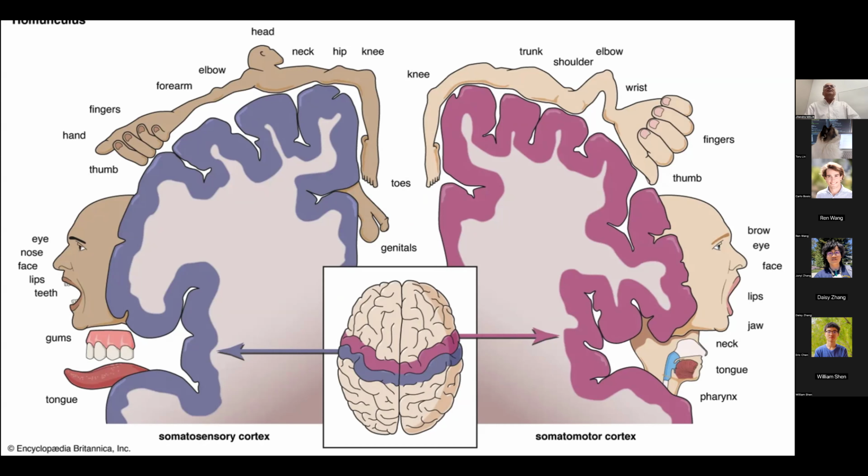You can also do cruel things like chop off a finger, and the representation of that finger will shrivel, and other areas will take up those neurons. So there is plasticity in the cortex, and it was first established in this setting.